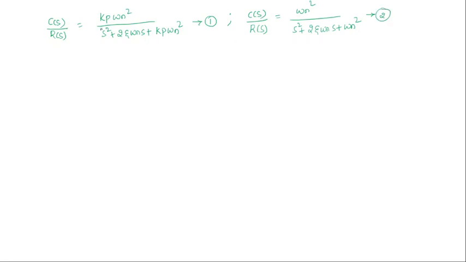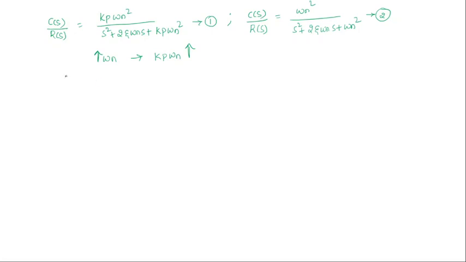By comparing these two equations, we know that by adding the proportional controller, the forward path gain will be increased. So in place of omega n square, we have Kp into omega n square. That means this gain value is increased, that means omega n value is increased by adding the proportional controller.